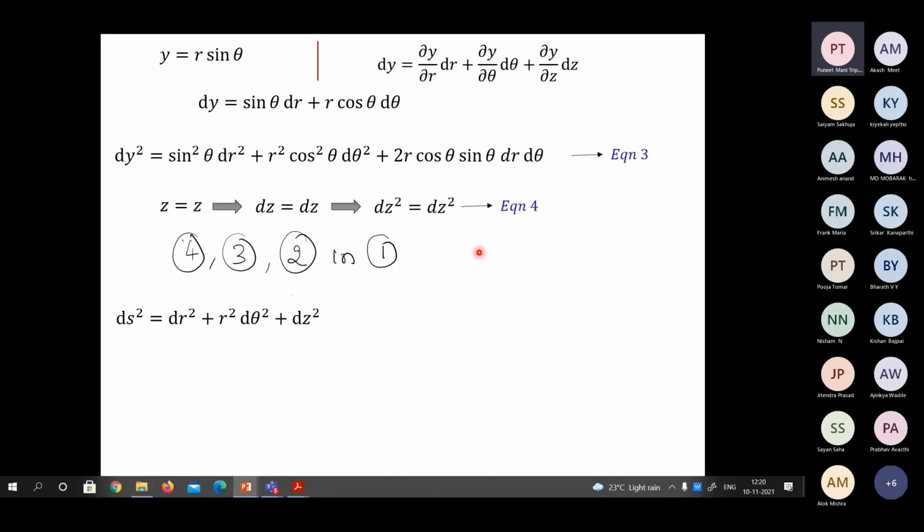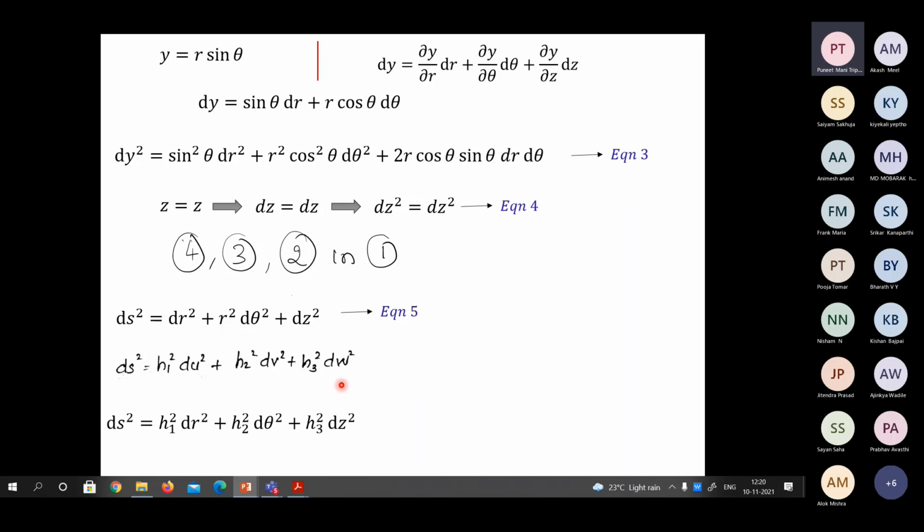Okay. So next we have to compare it with the general expression in terms of metric parameters. Here u, v, w are r, theta, z, so you get dr square, d theta square, dz square. You compare this: h1 square becomes 1, h2 square becomes r square, h3 square becomes 1.